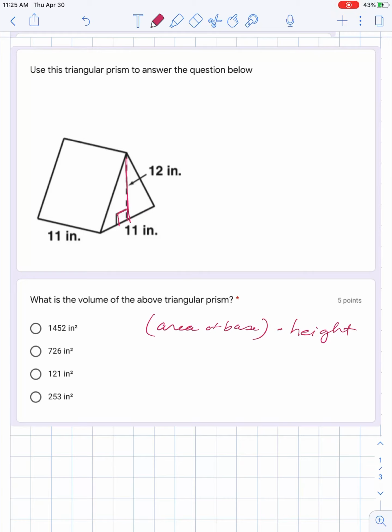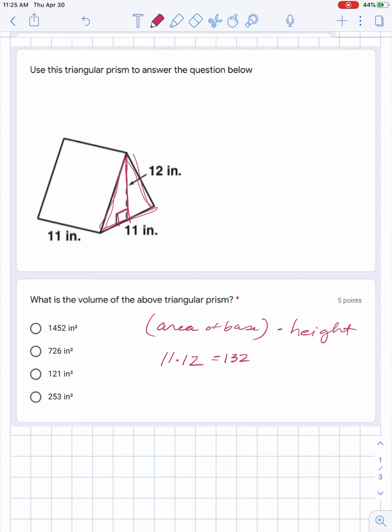So the area of our base, we're going to use this as our base because it is a triangular prism. So we're going to do 11 times 12, right? Which is 132.